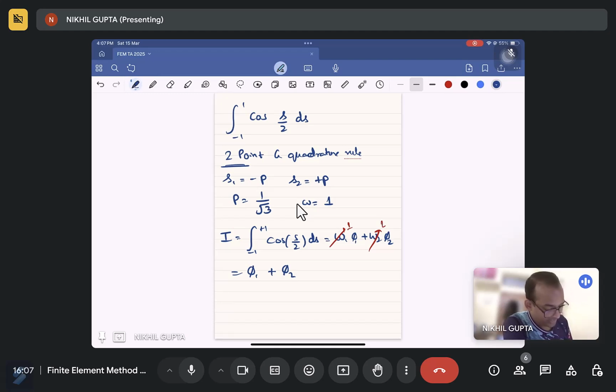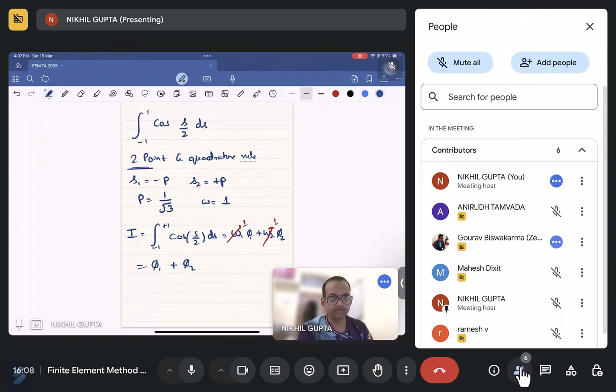Can anyone tell me what phi 1 and phi 2 are? It is this form, 2-point quadrature. Anyone?